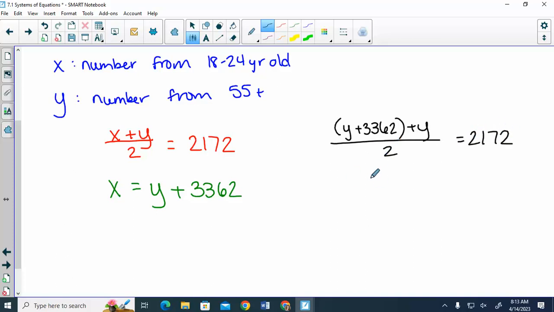So if you don't like that divided by 2, you could just multiply it over. y plus y is 2y.